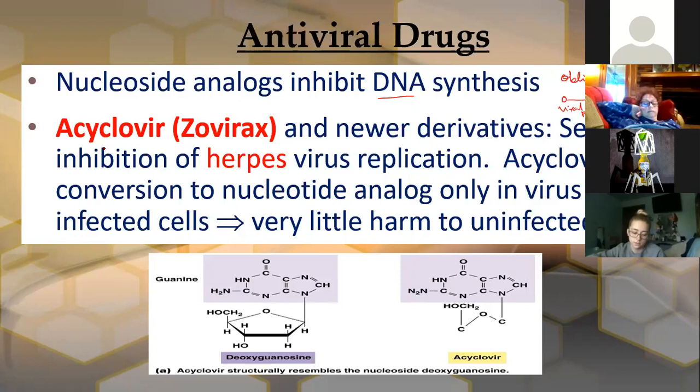We have acyclovir, like Zovirax, and those we use, but you can understand we have only the option to target the DNA and RNA synthesis of the virus, viral DNA and viral RNA.